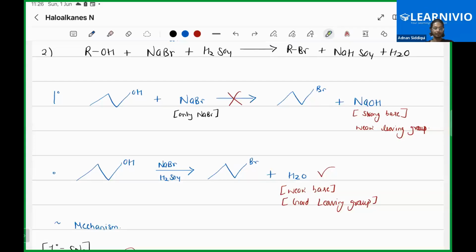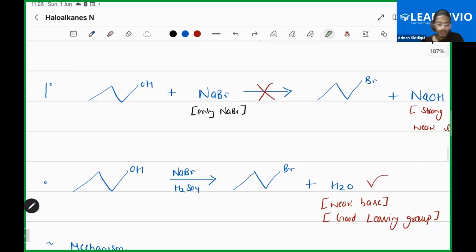So here, what is happening? If we are doing this reaction in the absence of an acidic environment, then our leaving group is going to be NaOH, which is a strong base and a weak leaving group.